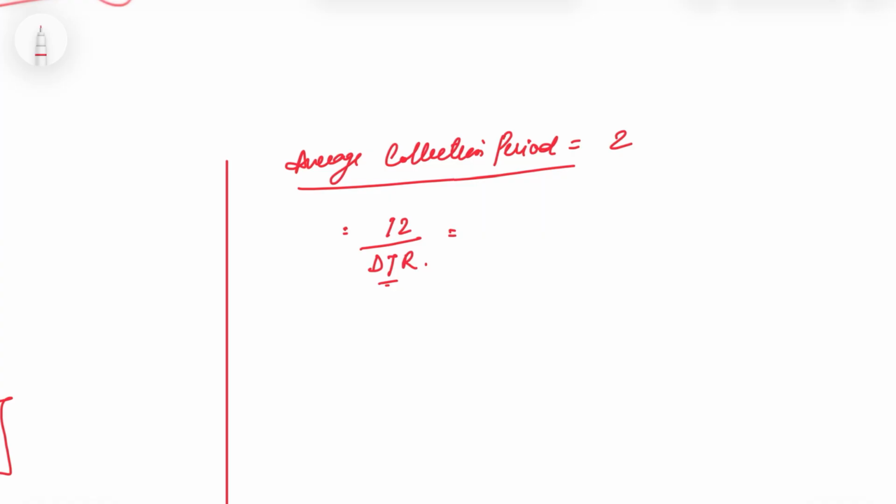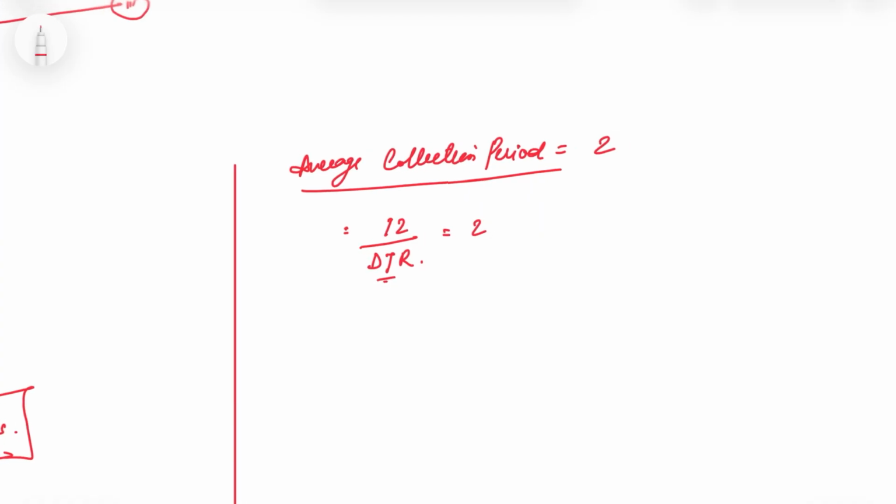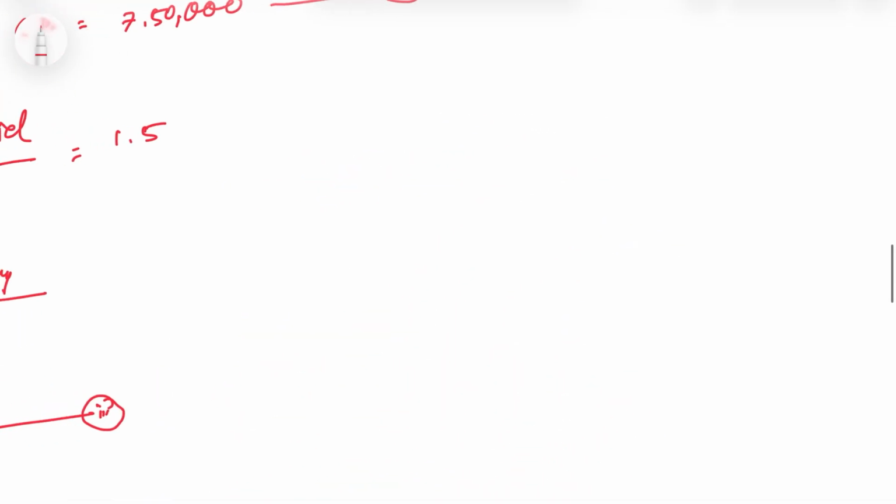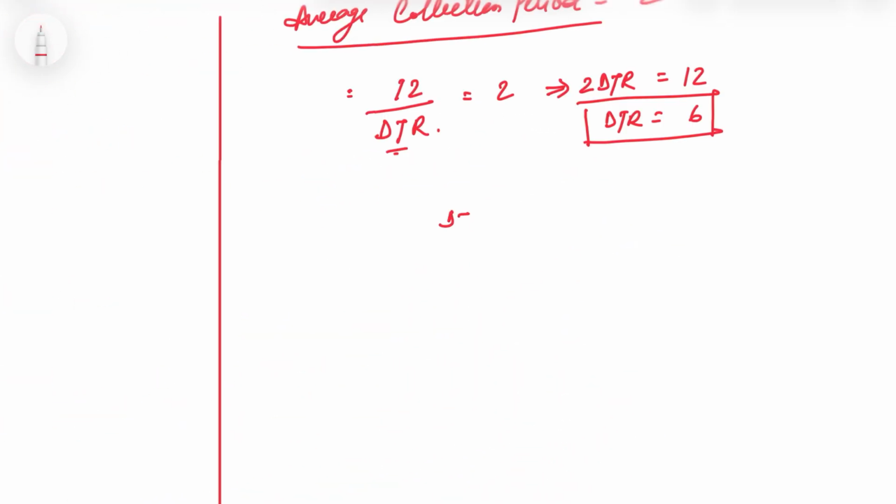Cross multiplying, 2 times debtor turnover ratio is equal to 12, so the debtor turnover ratio is 6.